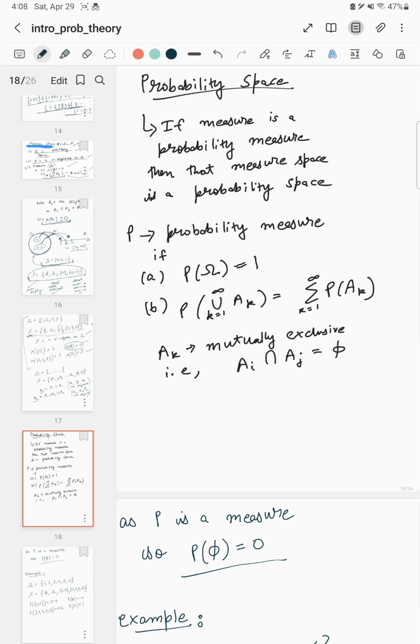So a probability space is basically a probability measure such that these three conditions are satisfied.